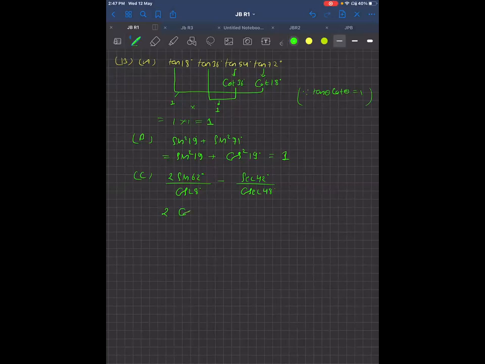If you convert the numerator sin in terms of cos, then 62 is replaced by 90 minus 62, and 90 minus 62 is 28. If you want to write sec in terms of cosec, then we need to replace 42 as 90 minus 42, so 90 minus 42 is 48.